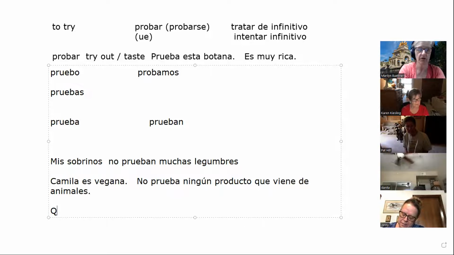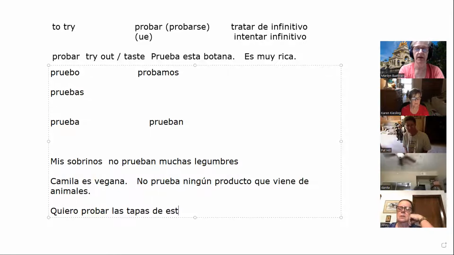Okay, so I could combine it with quiero probar las tapas de este restaurante. I want to try the tapas in this restaurant. Quiero probar las tapas de este restaurante. Bien?